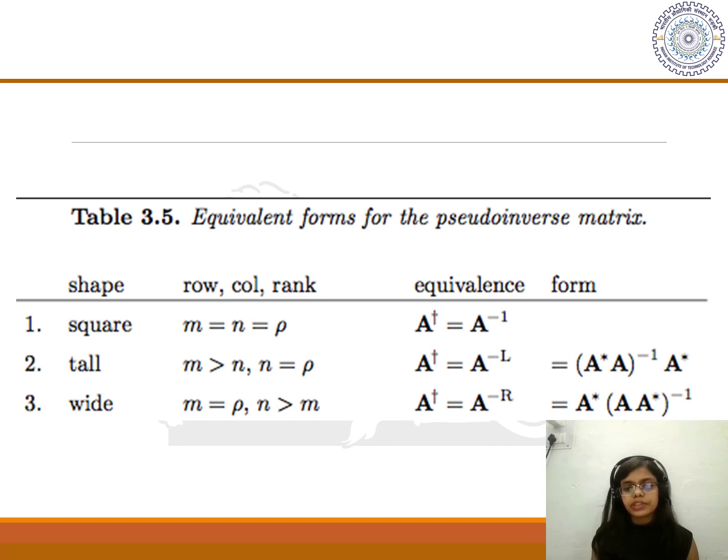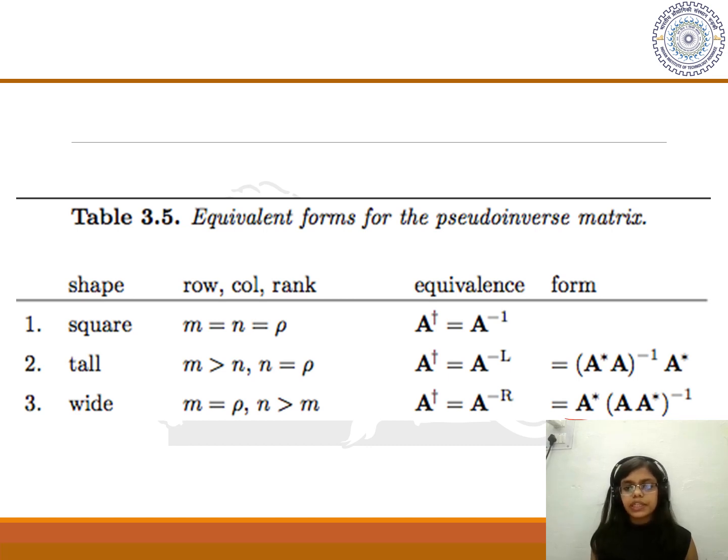Then the pseudo inverse is defined as the left inverse, that is given by this. And the third one is the wide matrix, or I would rather say full row rank matrix. For that we have the pseudo inverse as the right inverse, that is defined by this formula.